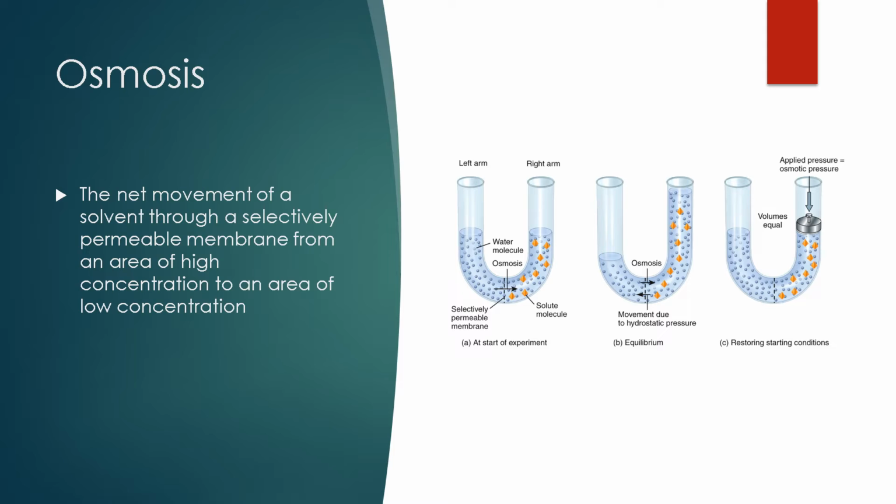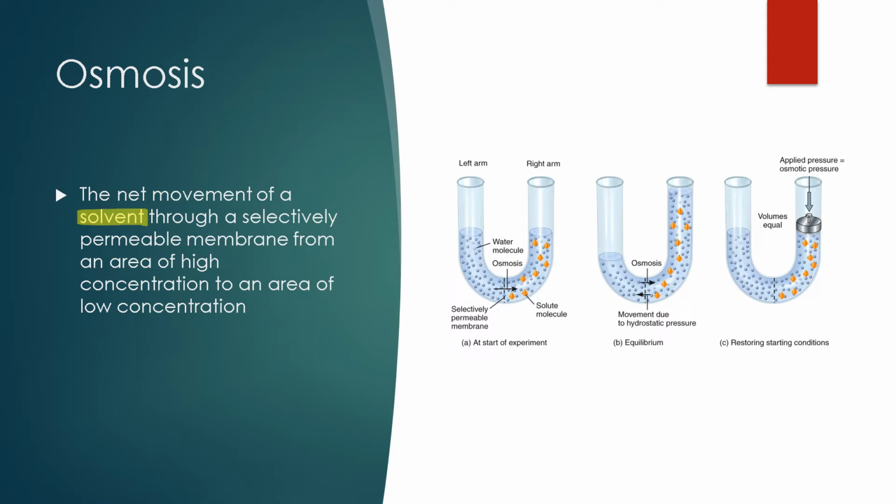Next, we have osmosis. This is a type of diffusion where there is net movement of a solvent through a selectively permeable membrane. Up until now, we've mostly been talking about the movement of solute, very specific molecules like sodium, potassium, and glucose, down their concentration gradient.